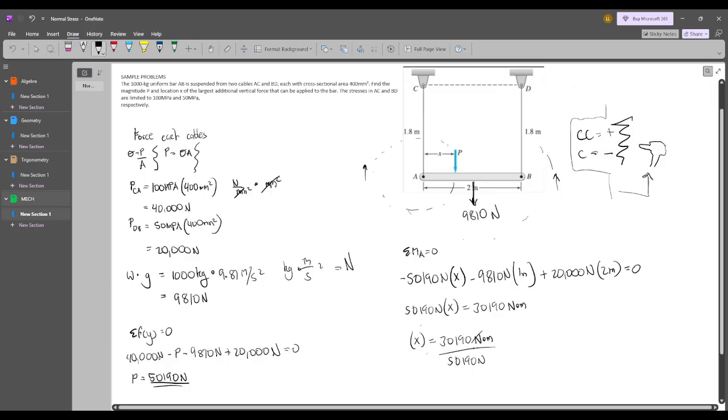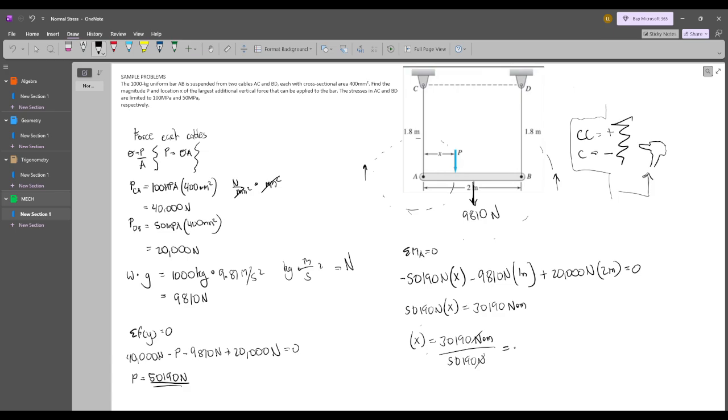Cancel like terms, solve. That'll give us 0.602 meters. We have found X. So it's somewhere here. Very, very thin, I think. There you go.